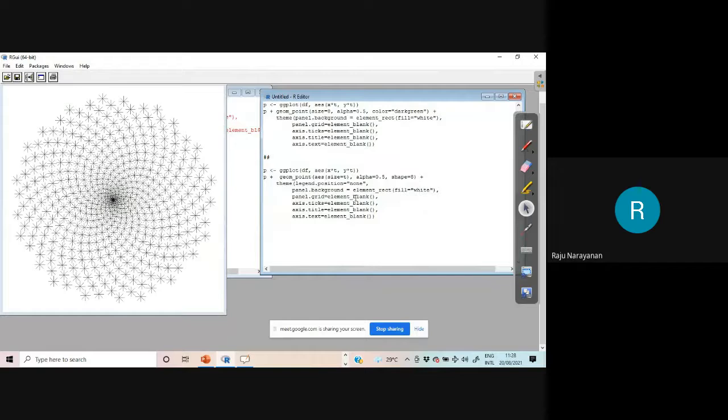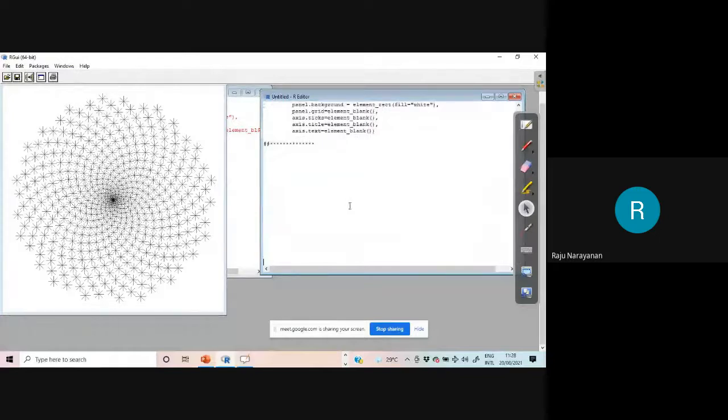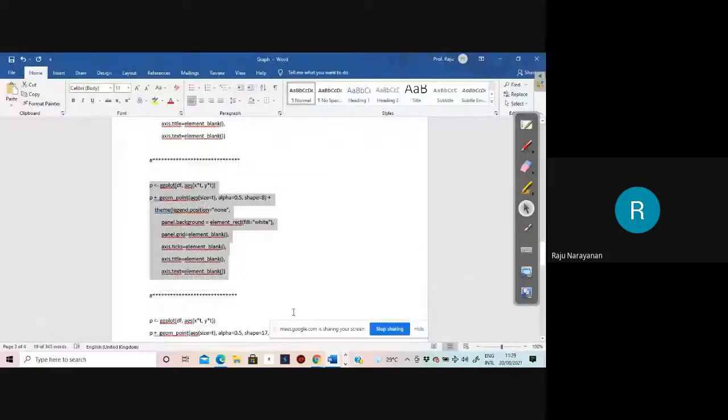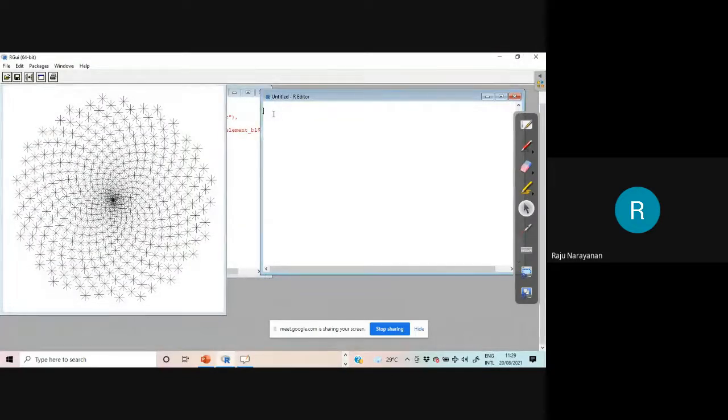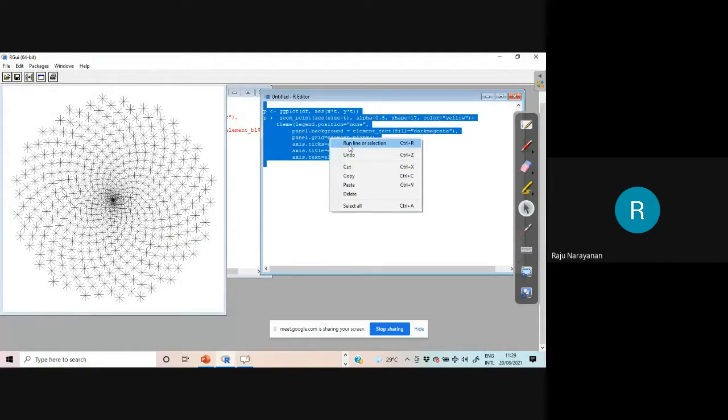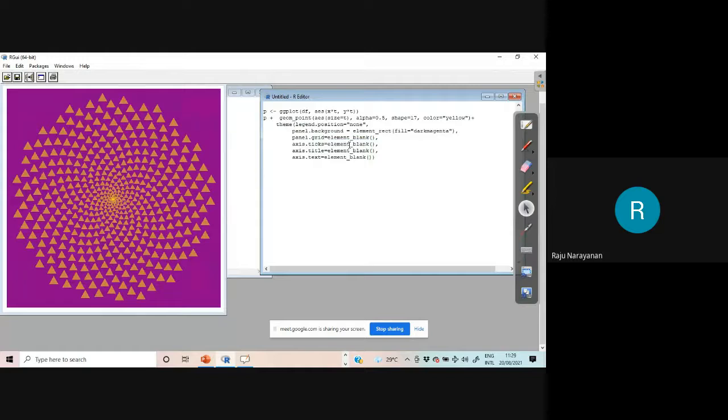Again, it is using R. This is how they are nowadays. Different designs are coming. And another plot.